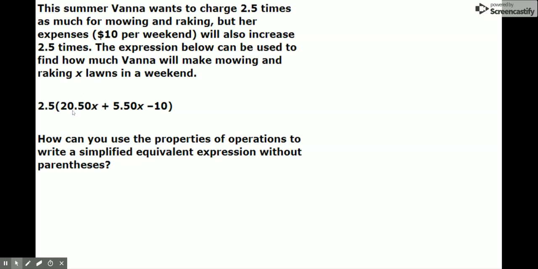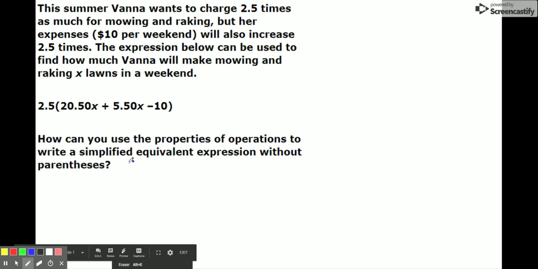So 2.5 times $20.50x plus $5.50x. So she mows and rakes, minus 10, which is $10 per weekend. So you have 2.5 times that. How can you use the properties of operations to write a simplified equivalent expression without parentheses?